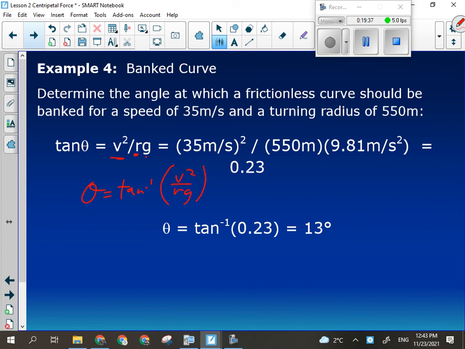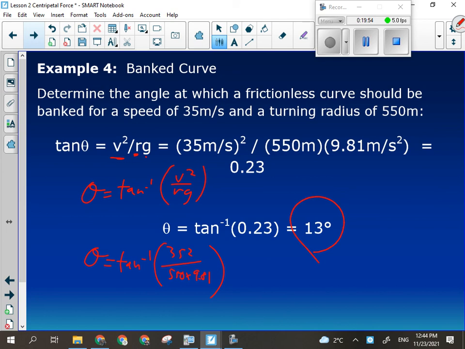Okay, and so when we do that, we would have tan to the minus 1 of 35 squared over 550 times 9.81. Okay, and that'll give us our angle of bank to be 13 degrees.